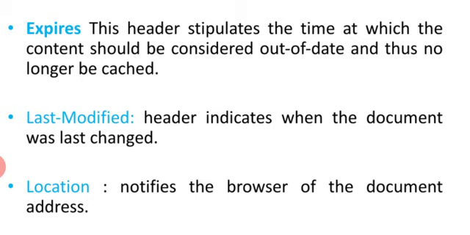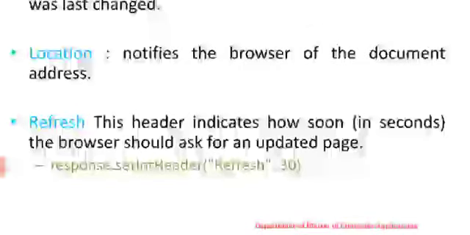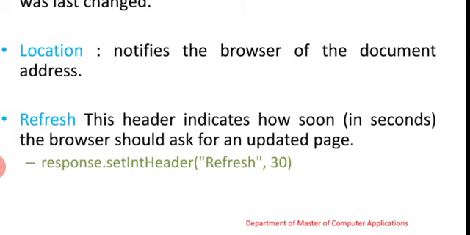Last modified indicates when the document was last modified. And location notifies the browser of the document address. And refresh indicates in how many seconds you want to refresh the web page to get the updated web page.